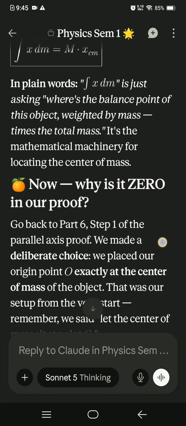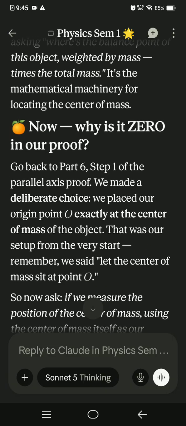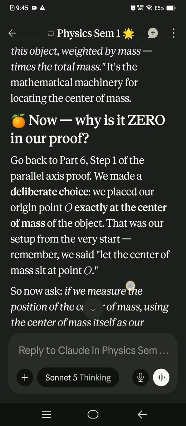Now, why is it 0 in our proof? Go back to step 6, step 1 of the parallel axis proof. We made a deliberate choice. We placed our origin O exactly at the center of mass of the object. That was our setup from the very start.